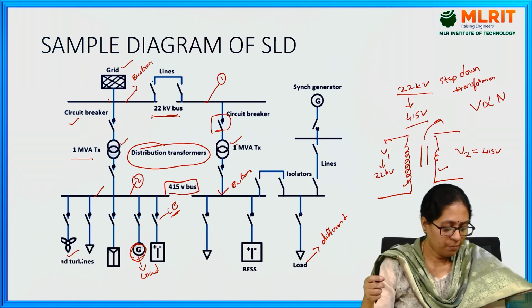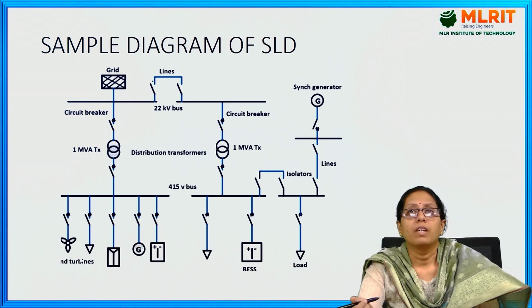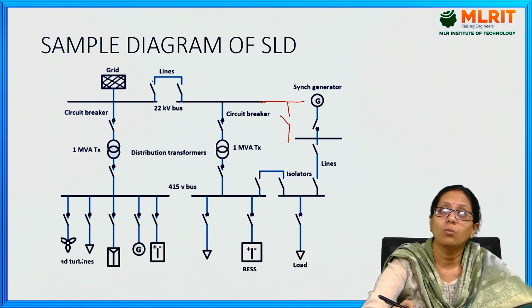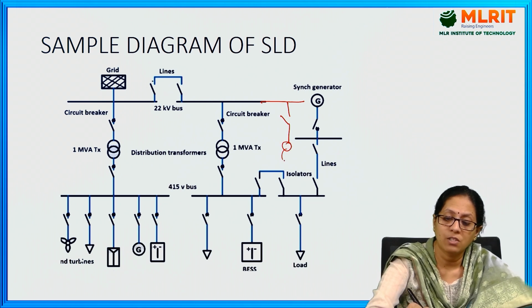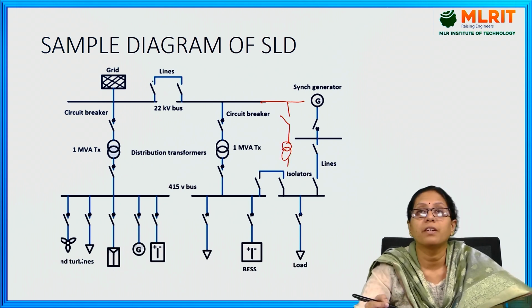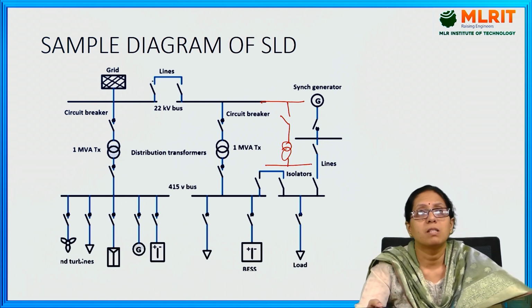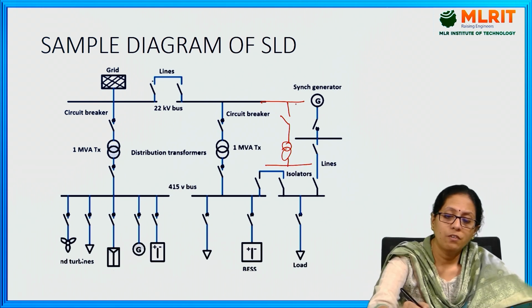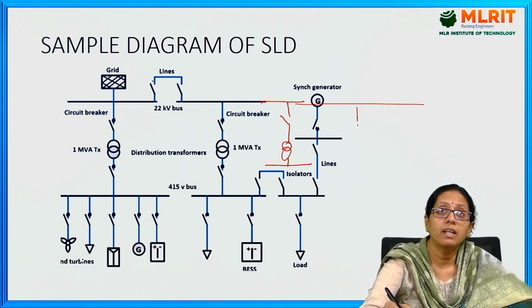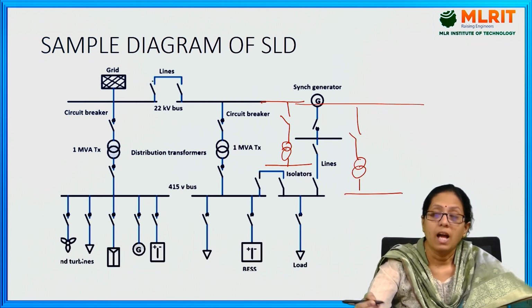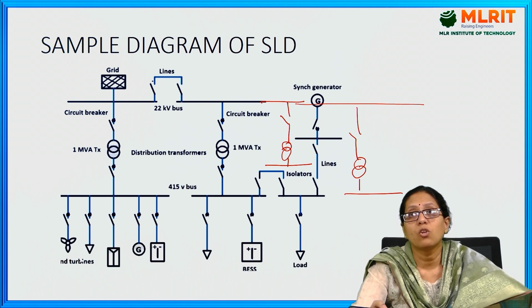In this diagram, we can extend this bus bar, and to this bus bar we can connect one more circuit breaker, or a transformer, with the circuit breaker connected to a transformer that can be connected to another bus bar. So, this future expansion can be done, and the planning should be done based on the future expansion.